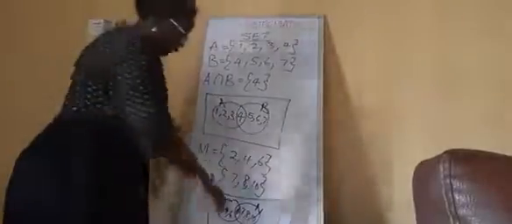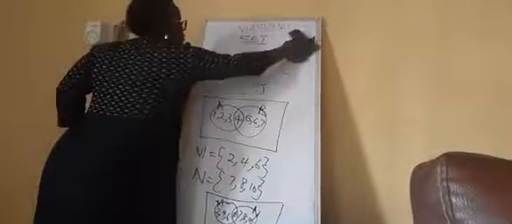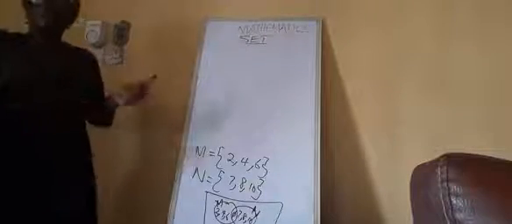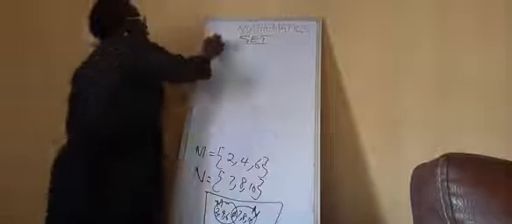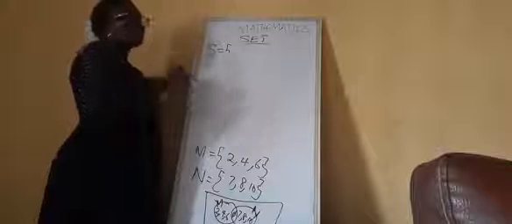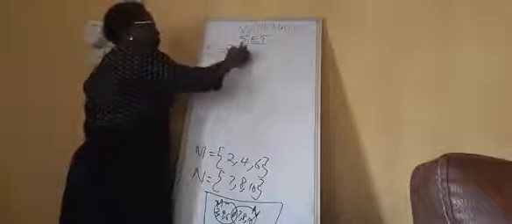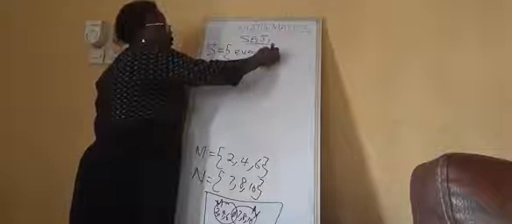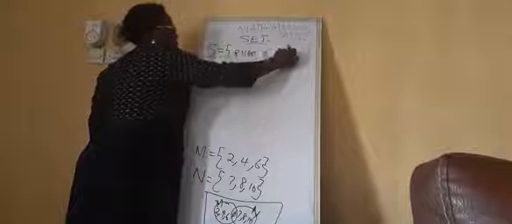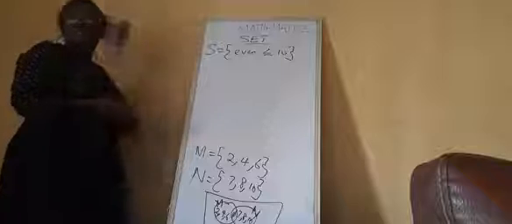Now let's look at a situation whereby you are given an even number. You are given the sets. Let me use S now. The elements in the set S are even numbers less than or equal to 10. And then after S, what is next?